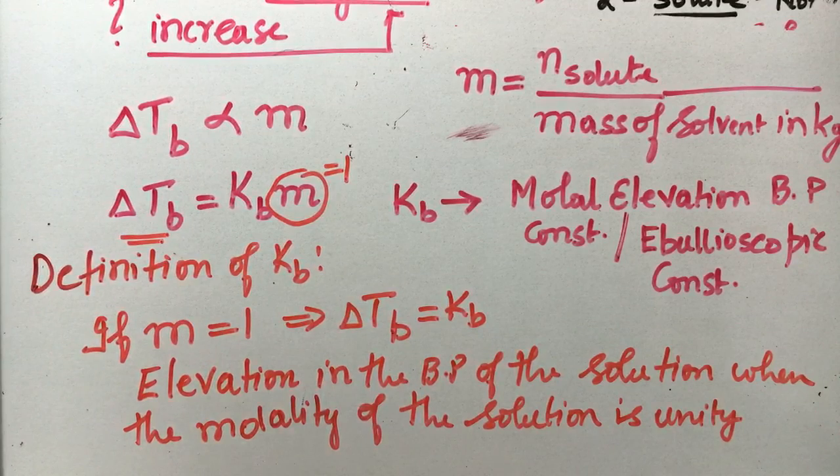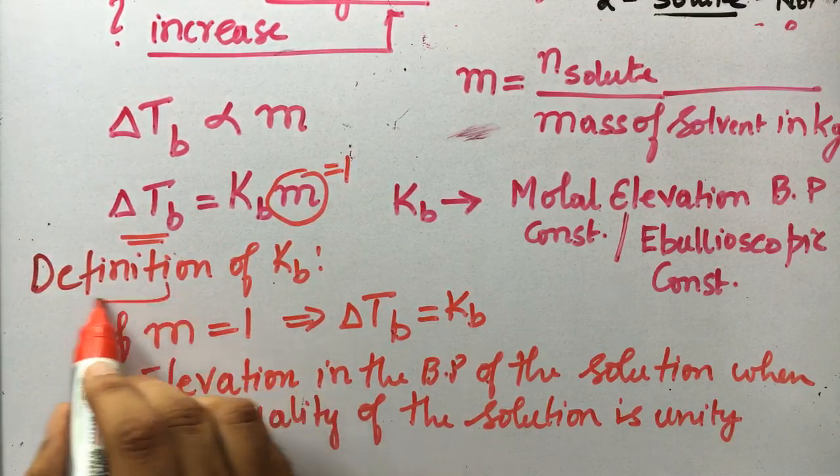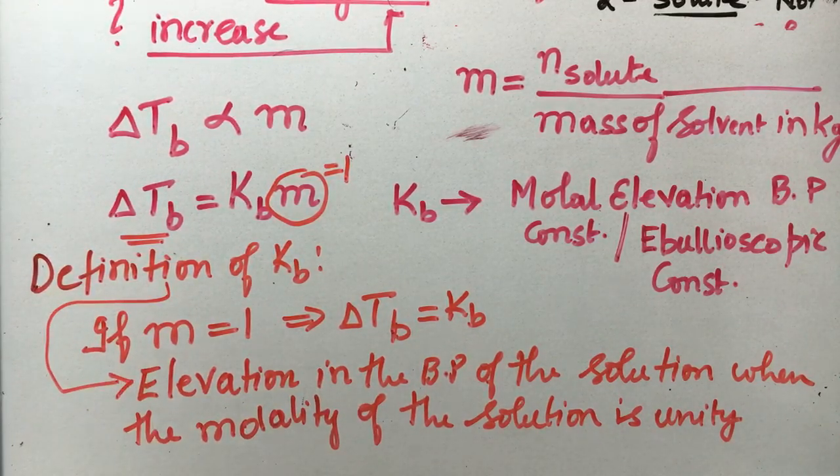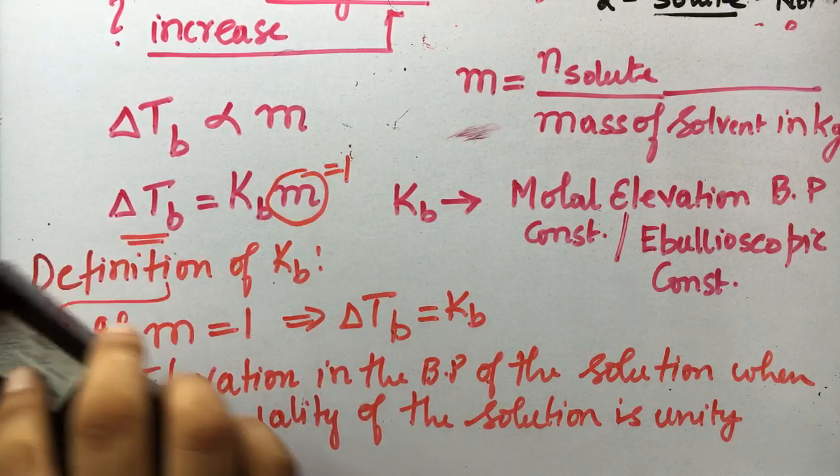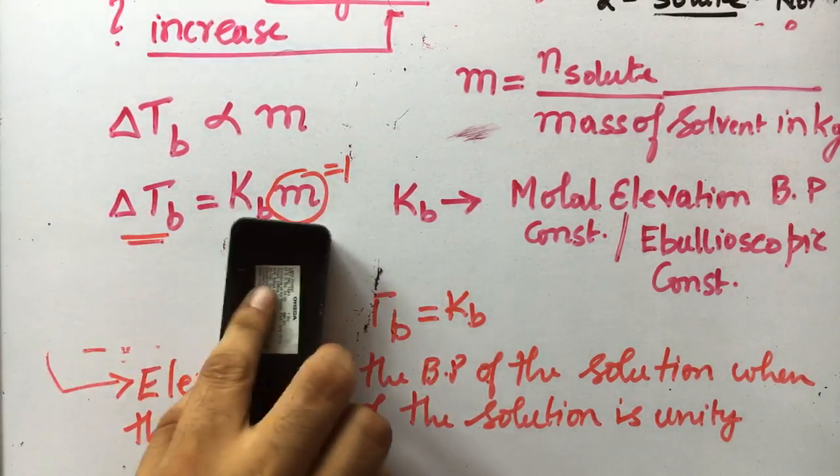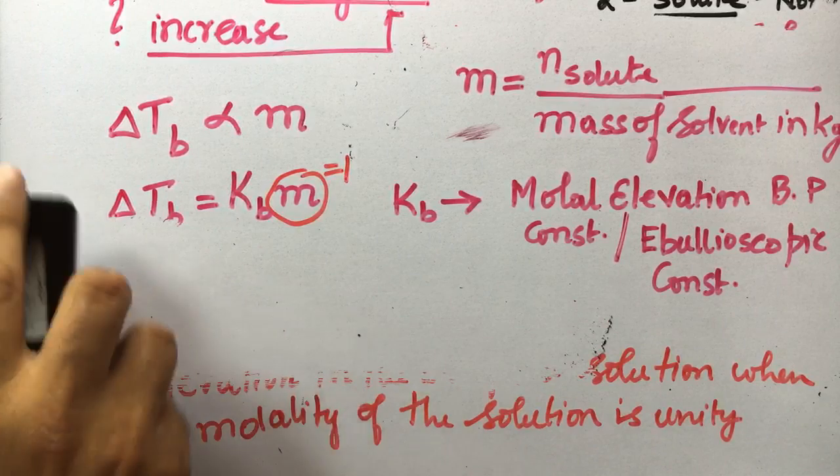This definition can be asked for 1 mark. Definition of Kb: it is defined as the elevation in the boiling point of the solution when the molality of the solution is unity, or when 1 mole of solute is dissolved in 1 kg of solvent. Okay, now let us go for a little bit expanded form of this.